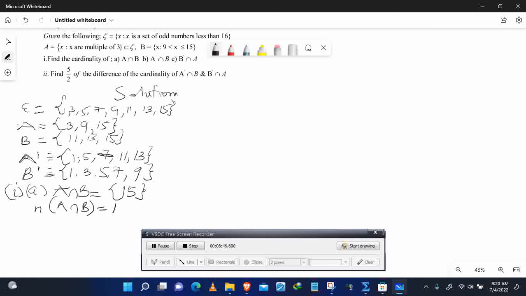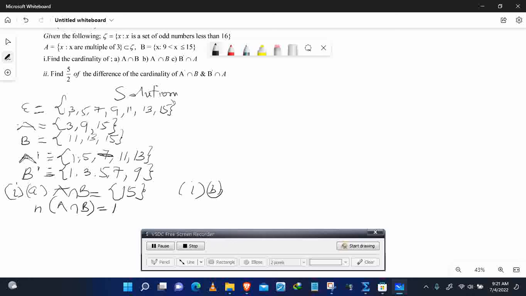Then we move on to I B. With I B, we have A complement intersection B complement, as you see on the screen there.